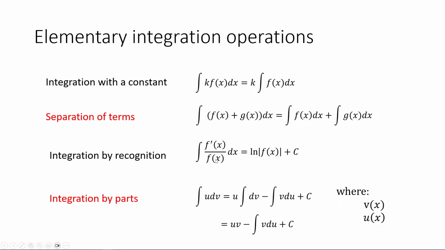I see a function, and then I see the derivative of this function. So that would be the ln of this function plus a constant. Sometimes you don't have the exact derivative of a function, but if you add a constant to it, or multiply or divide by a constant, then you will get the derivative of this function. In that case, you adjust by this constant, find the derivative of the function, and then multiply or divide here by this constant.